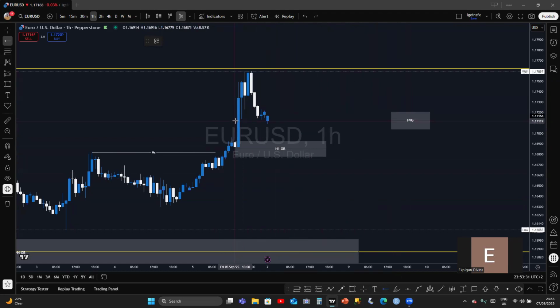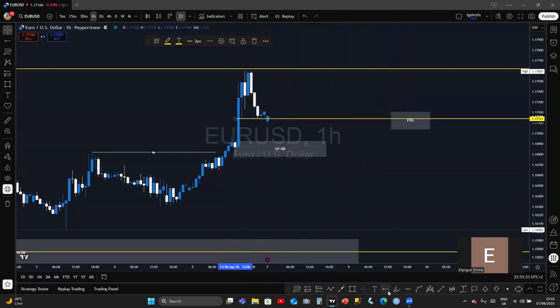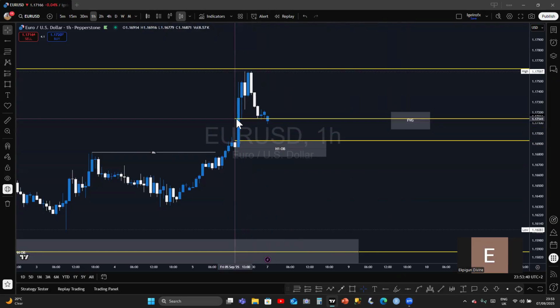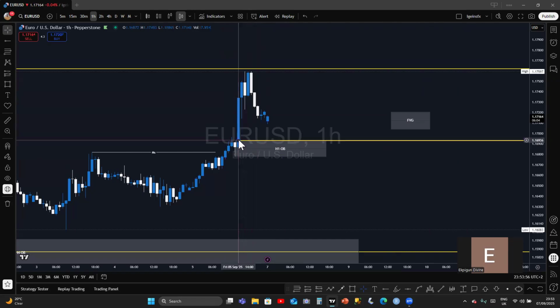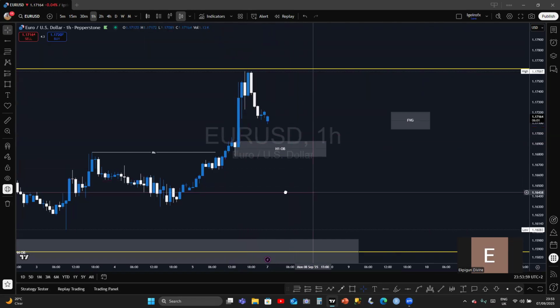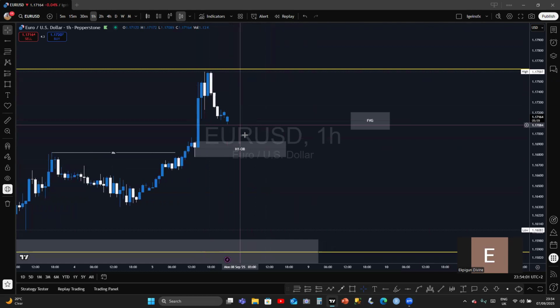From this candle here to this candle here, this gap is not allowed, it's not acceptable in Forex. Do you understand? This gap here is not acceptable. So price will come to cover up this price in future. So that is why that place is an FVG, fair value gap. Price will come back in future to cover up this place.